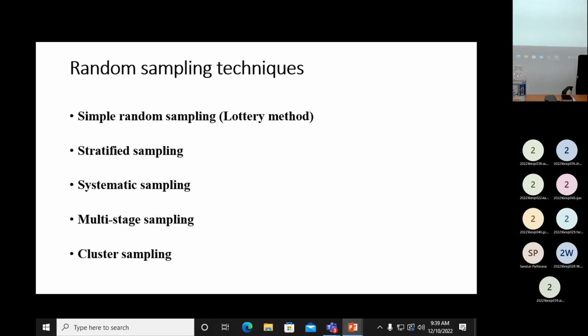Again, the smaller parts you divide, the sample items can be spread throughout the population, part by part.